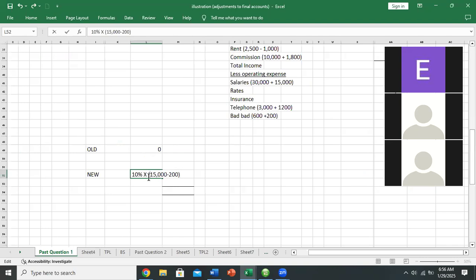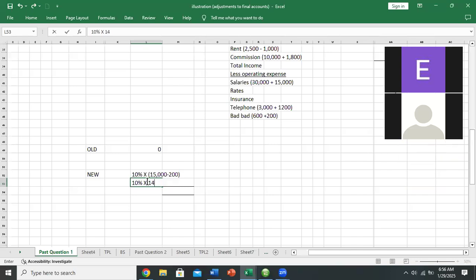So if we do our computation, that should be 10% multiplying 14,800, and that will give us a figure of 1,480.